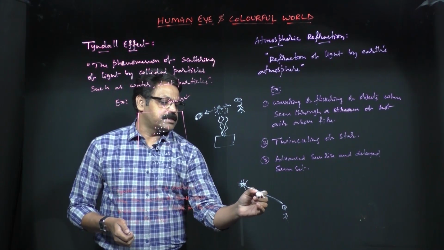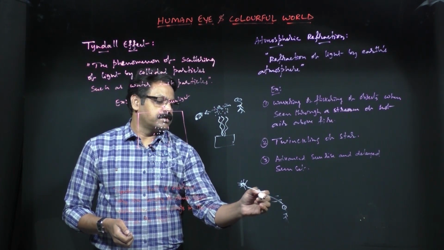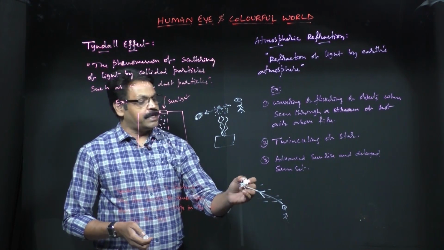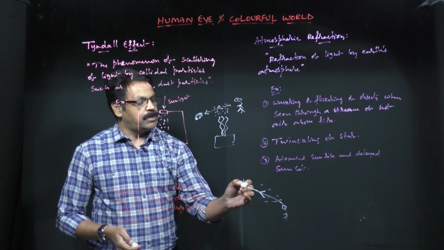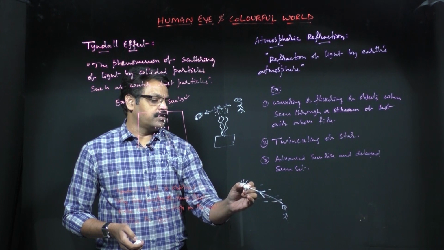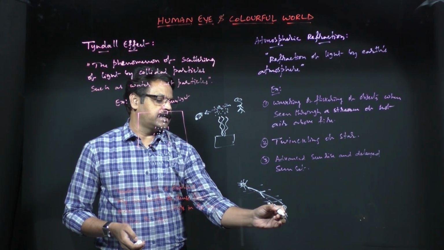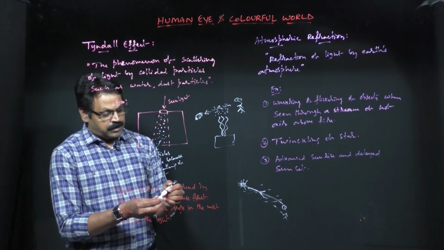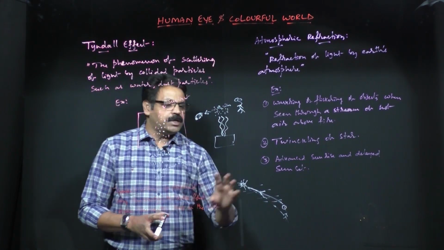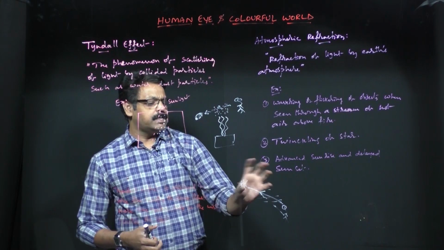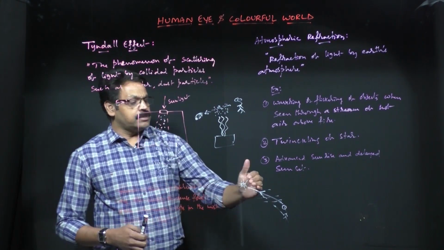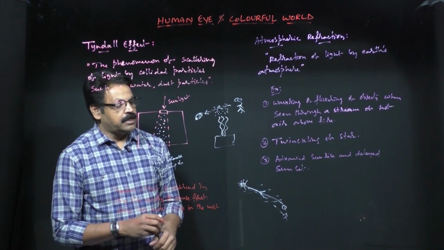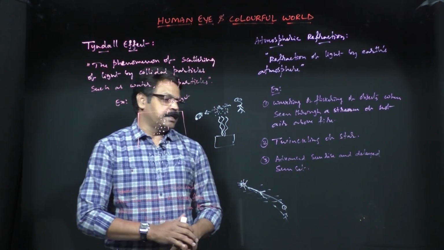But when the atmosphere is changing, the intensity is changing, because the apparent position of the star will not be the same, as it undergoes bending through the atmospheric layers. Then the position is going to change. Because of the change in position, the brightness of the star will not be the same every time. That is the reason it gives a twinkling effect, because every time the apparent change in position occurs, it gives rise to different intensities.